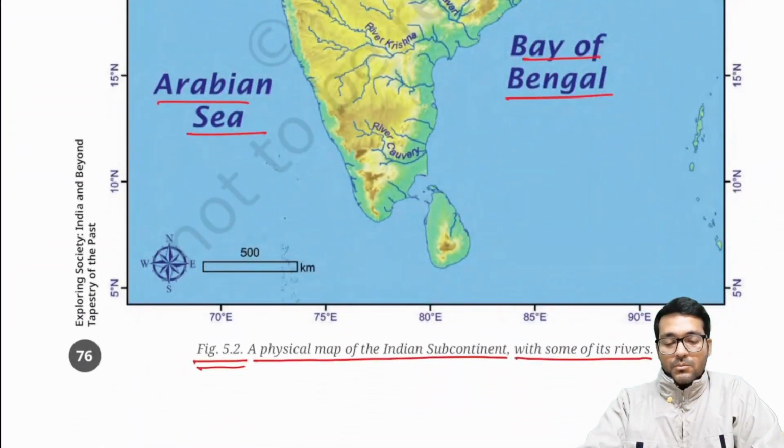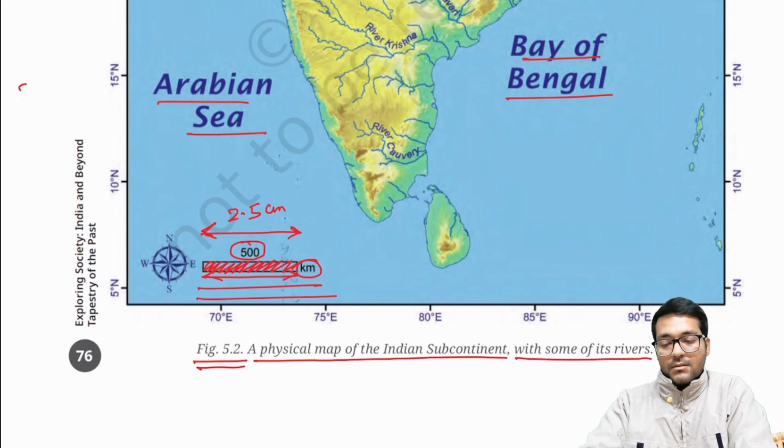Figure 5.2. You can see scale here. 500 kilometer is represented by this length. It is about 2.5 centimeter. That means 2.5 centimeter on paper represent 500 kilometer on the ground.